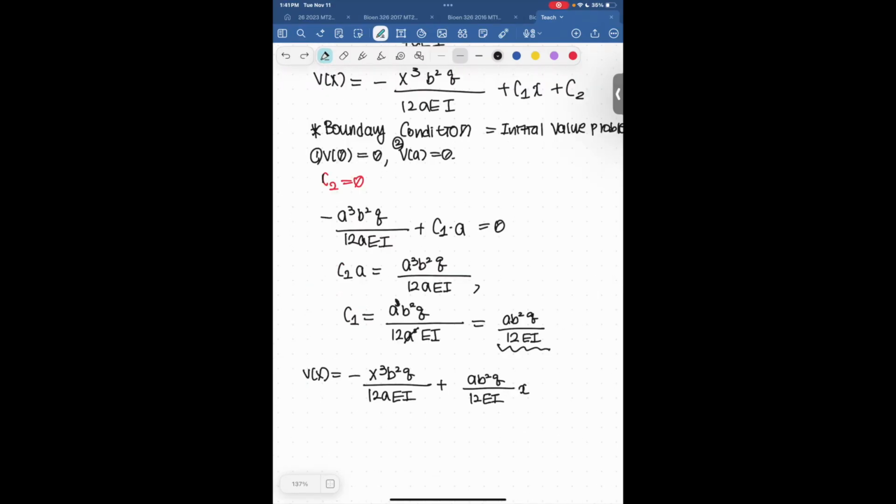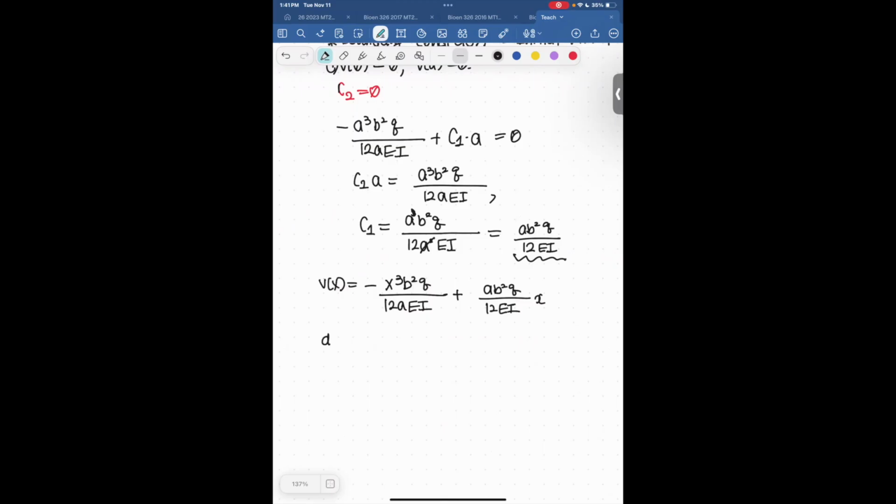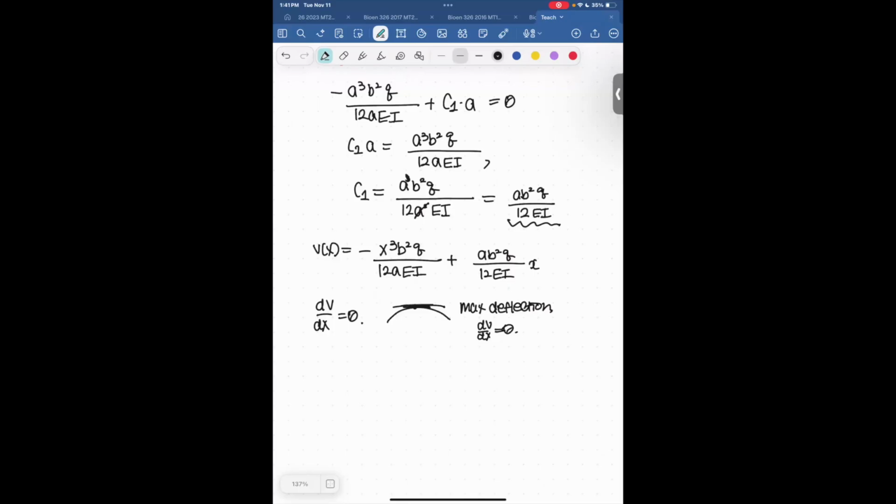In order to get the maximum deflection, we need to know that dv over dx is equal to 0, because if you think about it, this is where the maximum deflection happens, which means the slope at this point is 0. So maximum deflection is where dv over dx is equal to 0. Does that make sense?